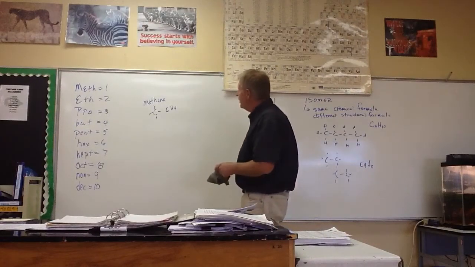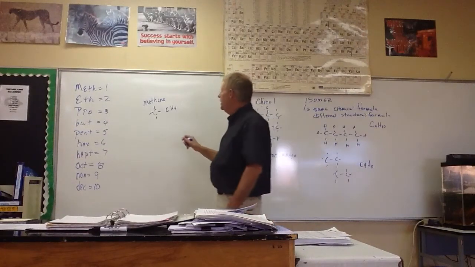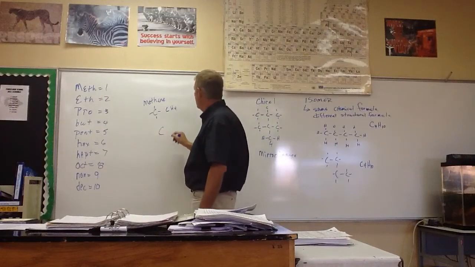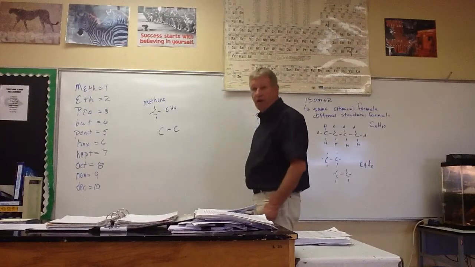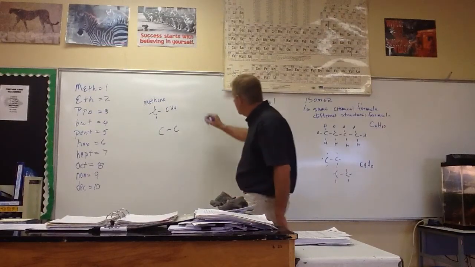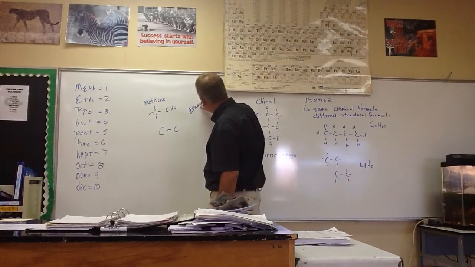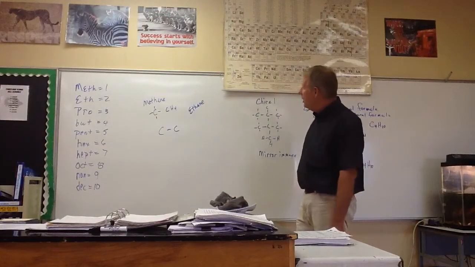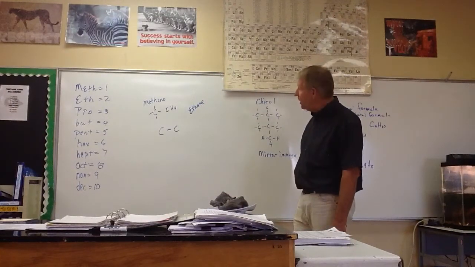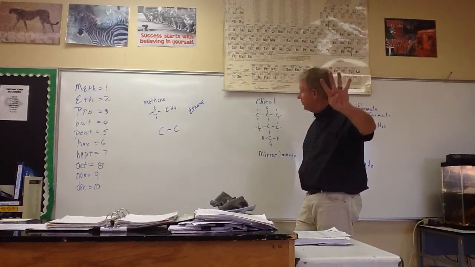Let's go down the row a little bit and do ethane. So ethane, E-T-H-A-N-E, is 2 carbons. So are we done? Well, this ethane tells me how many bonds there are per carbon: 4 bonds per carbon.